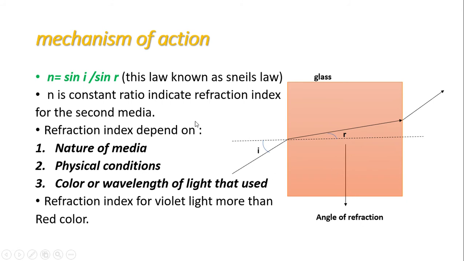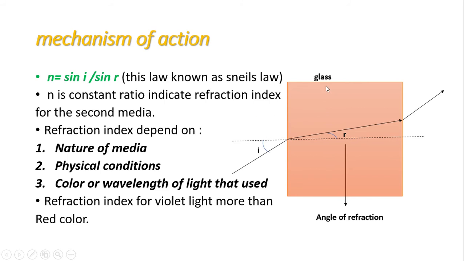From I and R, we can calculate N. N is sine I over sine R, and this law is known as Snell's law. N is a constant that indicates the refractive index of the second medium. So here we have the glass, so N is the refractive index for the glass.